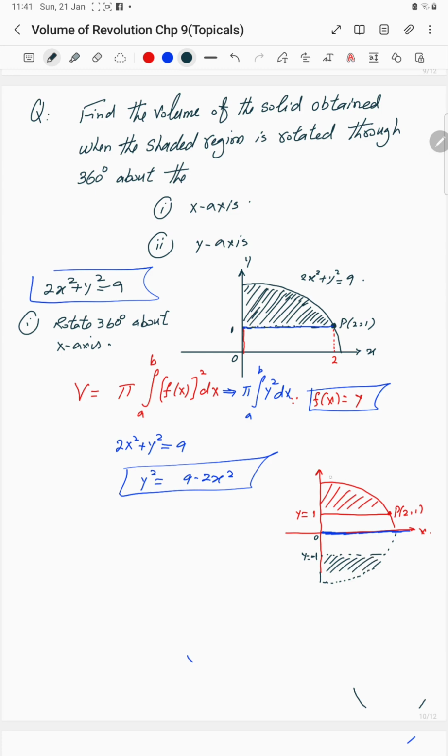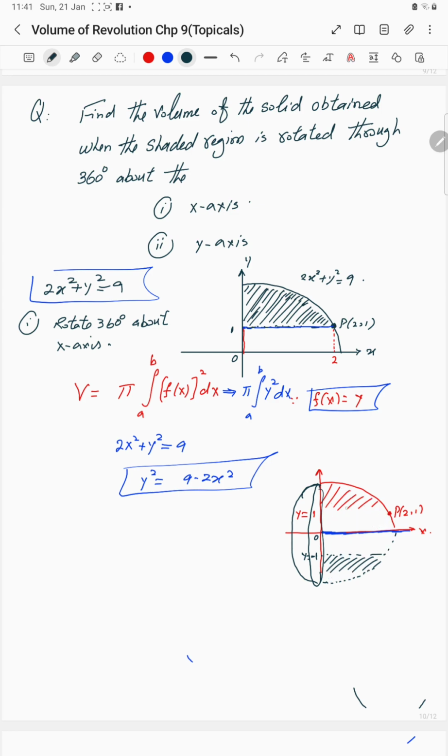So if it starts rotating circularly along the x-axis, it will be like this, and you can say this case will take place along the x-axis rotation. The shape will be like this, and a solid is formed.